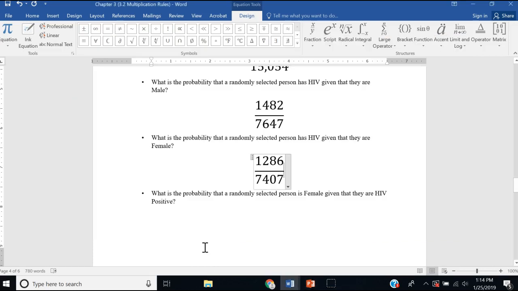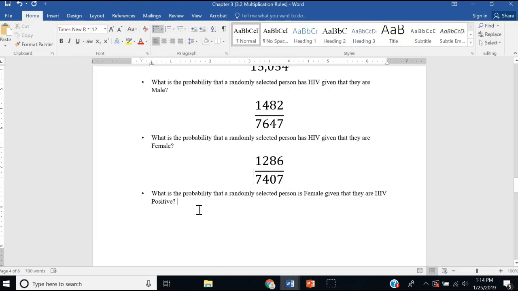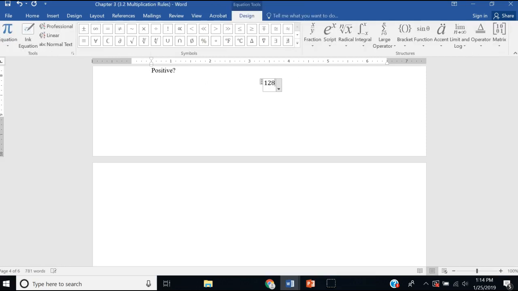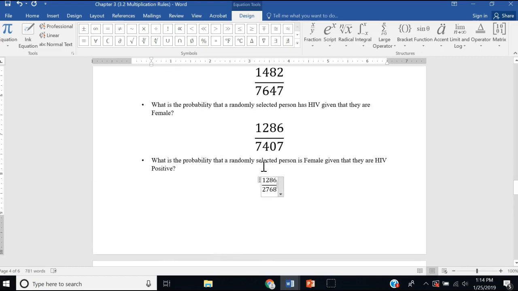Let me write that down. So 1,286 divided by 2,768. Now, this is a good time to mention that there's 1,286 out of 2,768 females.